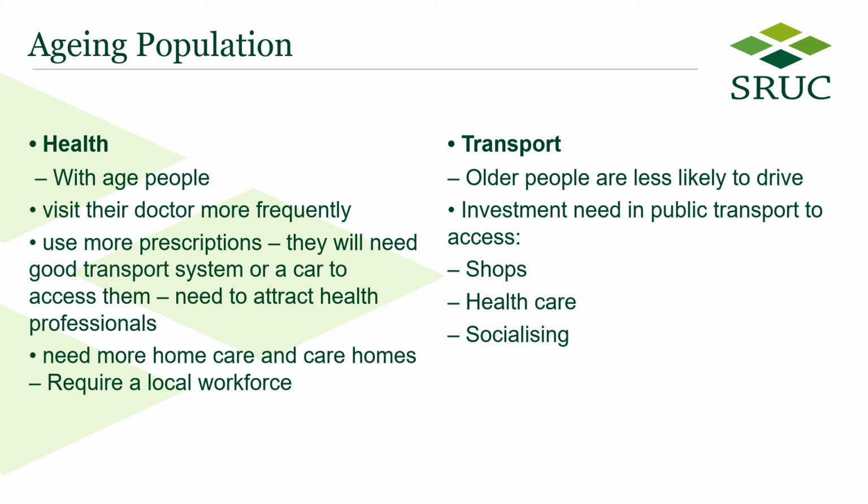So it also needs to attract healthcare professionals to these regions. And oftentimes, healthcare professionals maybe don't see the allure of being in remote areas. They also need more home care and care homes, and we can't use robots to replace the young people yet. Maybe that will happen one day, but not now.